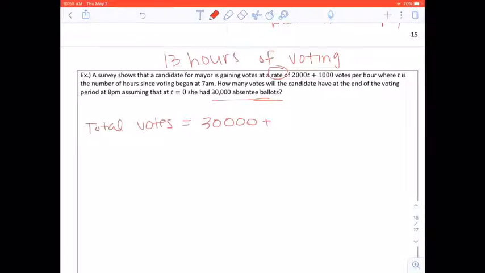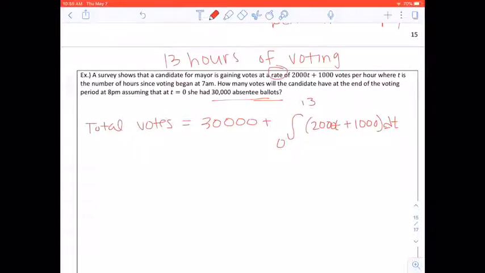And so we're going to have the integral of that function, which is 2,000 t plus 1,000, dt. And this is being integrated for those 13 hours, not from 7 to 8, because in terms of time, time starts at 0 when the polling station opened, and it closed 13 hours later.